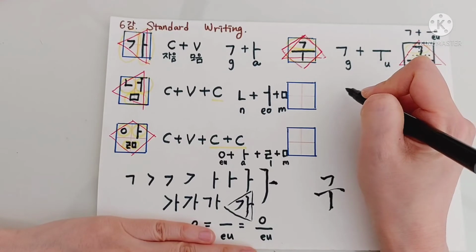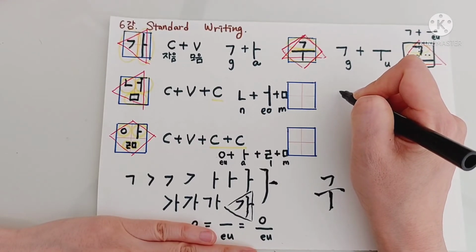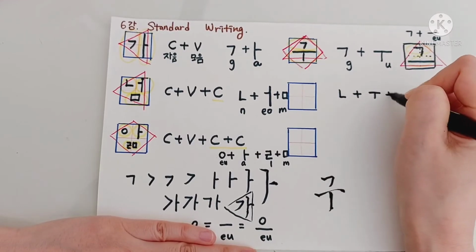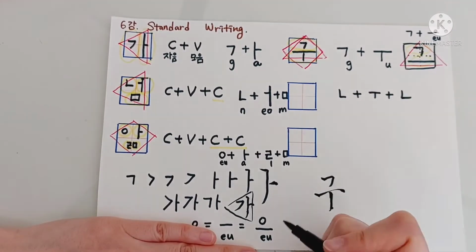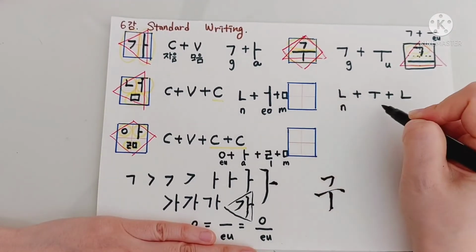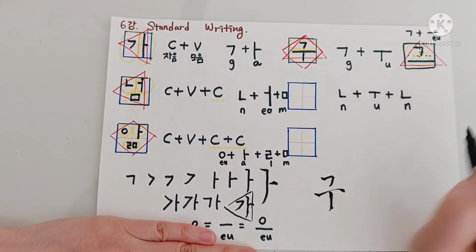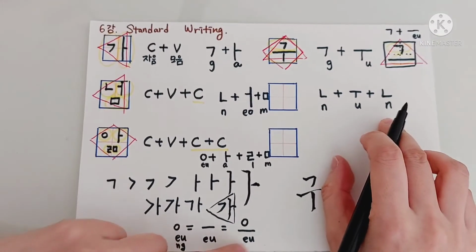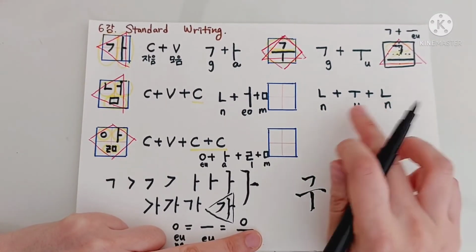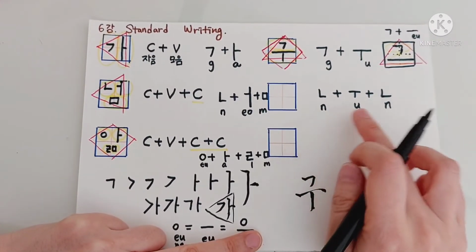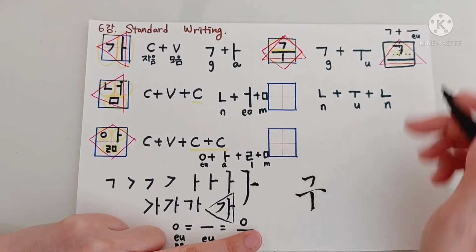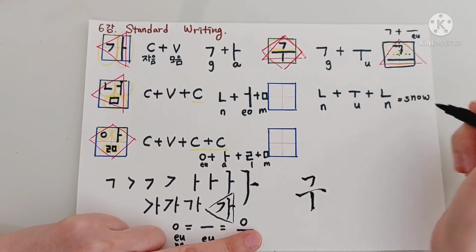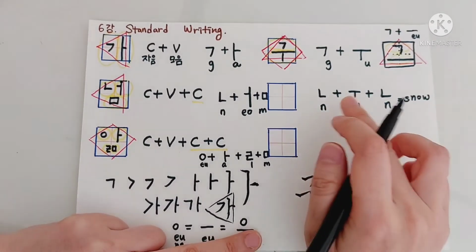For example, let's say 눈, 느 plus 우 plus 느. 느운, 눈. 눈 is snow in Korean. 눈 왔어요. 눈.